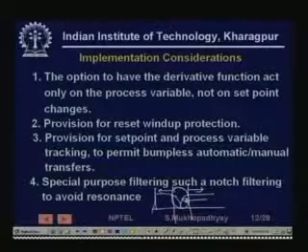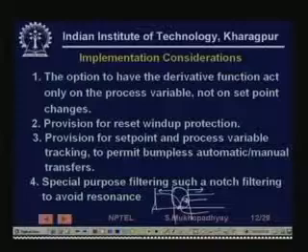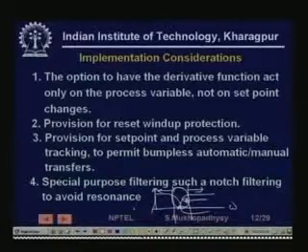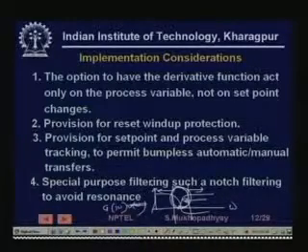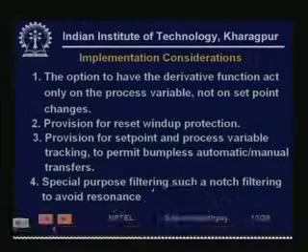If you have your resonant frequency in this range, this is omega, this is the gain of the notch filter, g of j omega. In this range the notch filter will not allow any inputs to come. Such things need to be done.